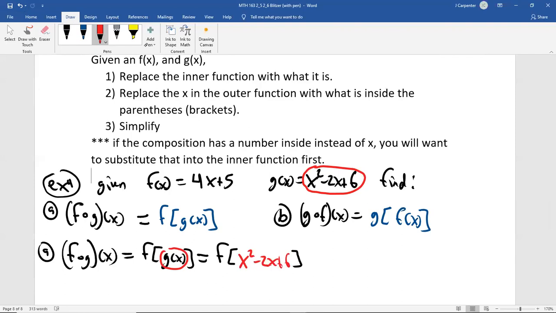See, the g of x is actually this thing, so I turned it into the thing it actually is. Now, what we're going to do is we go to the f function. This says, where do I plug it in? This tells me where to plug it into. If I just saw f of 6, if this is all I saw, you would turn this x into a 6. That's all you do.